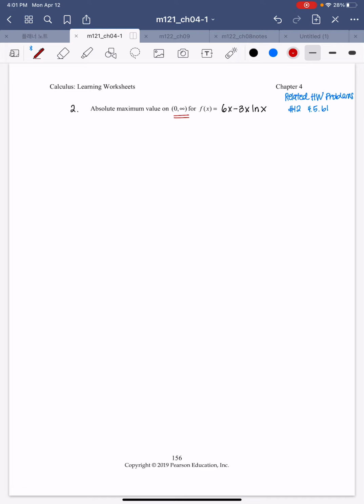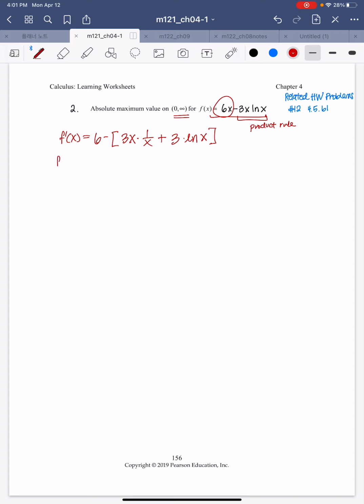First we need to take the derivative to find the critical point. The derivative of the first term is 6. Now the second one is a product rule. So 3x times the derivative of ln x, which is 1 over x, plus the derivative of the first term, which is 3, times the second one, ln x.